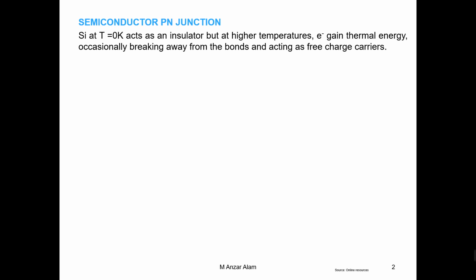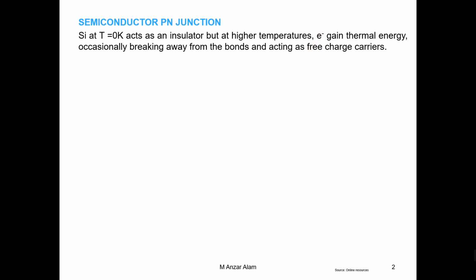Silicon at temperature 0 degree Kelvin acts as an insulator, but at higher temperatures, electron gain thermal energy, occasionally breaking away from the bonds and acting as free charge carriers.